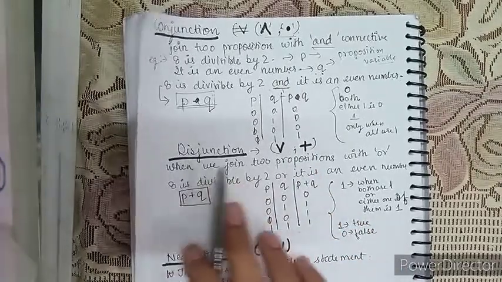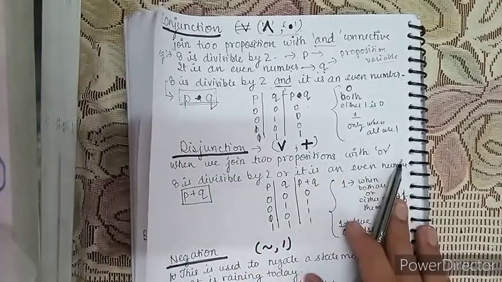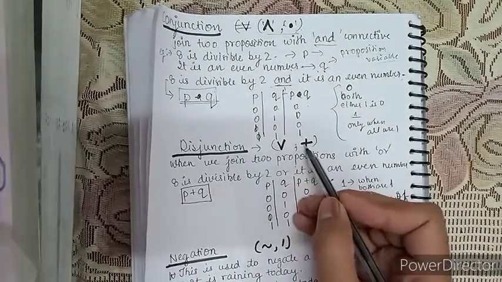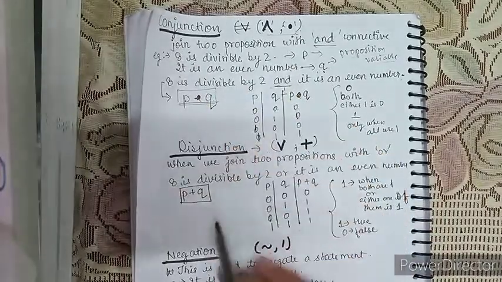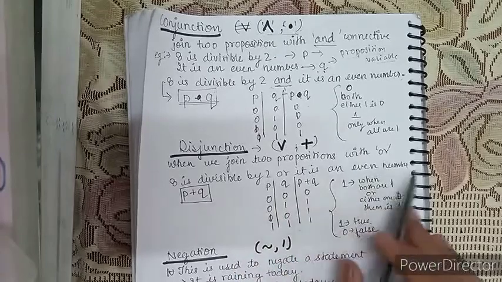Now coming to disjunction. When we join two propositions with OR, then it is known as disjunction. For disjunction we use this symbol. Taking the above example, 8 is divisible by 2 or it is an even number.